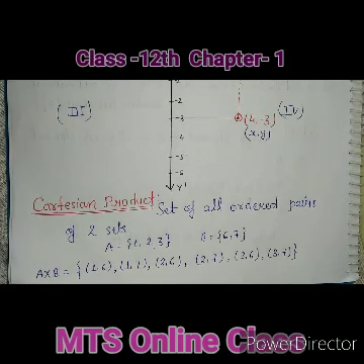So here the number of elements of set A times the number of elements of set B is equal to the number of ordered pairs in the Cartesian product. This is the way of finding the Cartesian product.